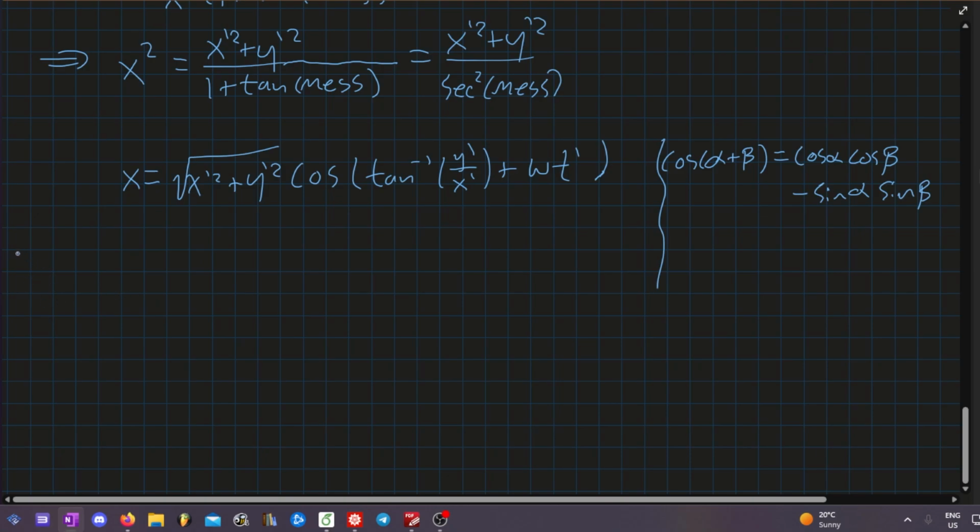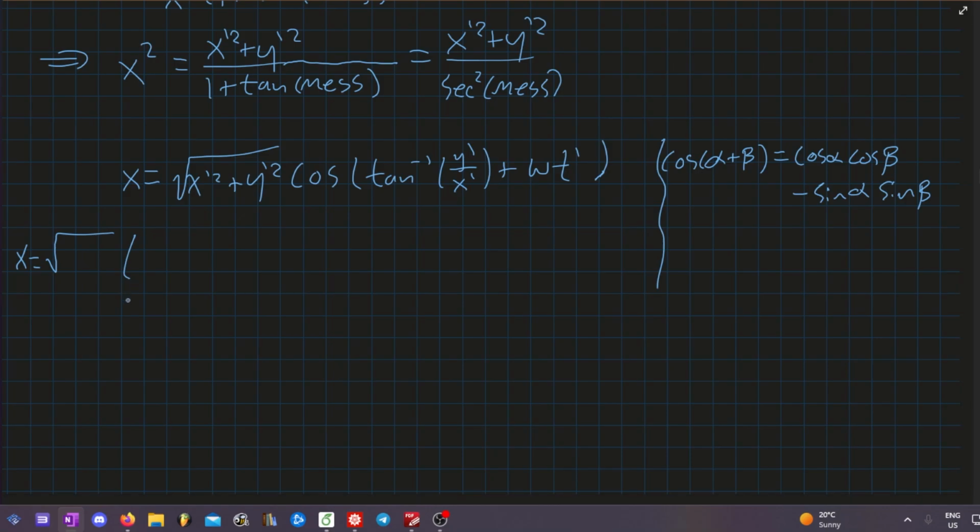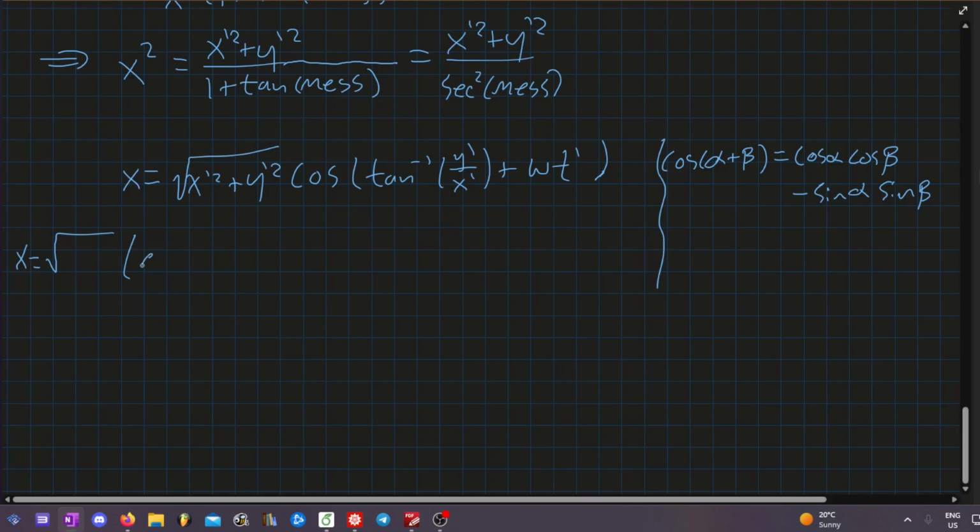So we can rewrite x as the square root. I'm not going to fill in the inside for now.